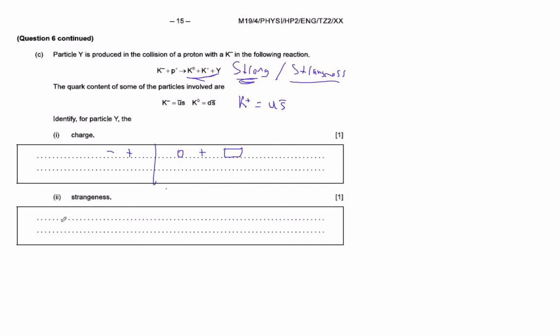Okay, so let's figure out the strangeness of this thing. Okay, the K minus has a strange. Remember, the strange has a -1 and anti-strange is +1, right? So the left side has a -1 strangeness, right? Protons have 0 strangeness, and then the strange quark in that is -1, right? On the right side, we've got the K0, which is anti-strange. That's +1, right? And then we've got the K plus, right?